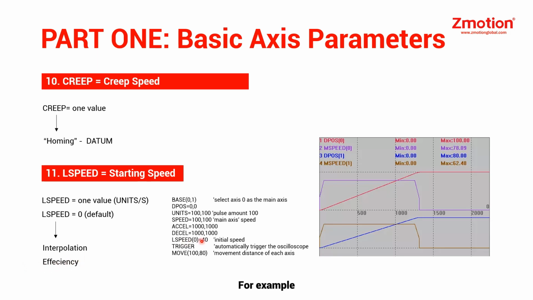For example, set 40 for main axis 0. This 40 is also used for other axes in interpolation, like axis 0 and axis 1. That is, the starting speed and end speed of axis 0 and axis 1 both are 40.